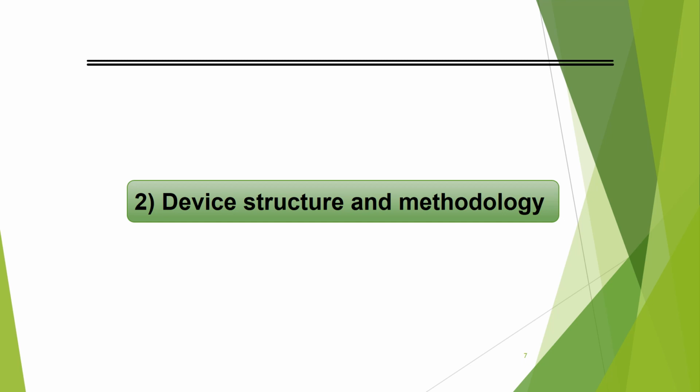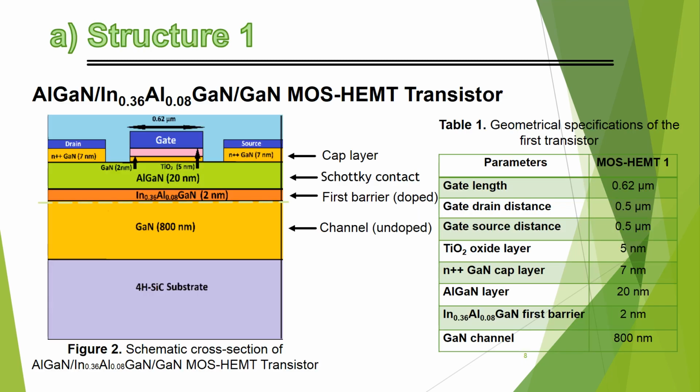The first structure, with a single barrier, is the InAlN/GaN MOSFET transistor, noted MOSHEMT1, with 0.62 micrometer gate length, and the gate, source and drain grown on a 4H-SiC substrate. We have chosen a titanium high-K dielectric as an oxide layer between the gate electrode and the GaN cap layer.